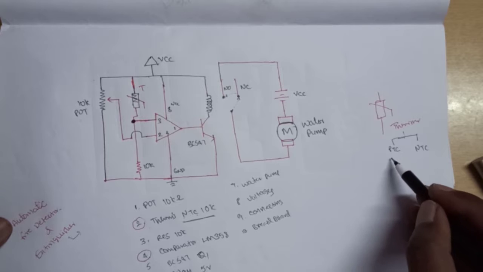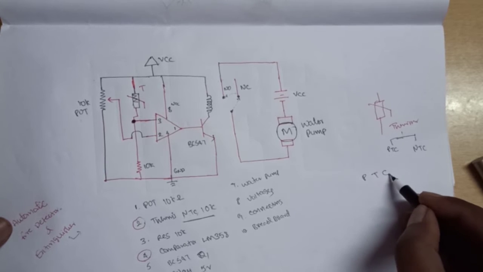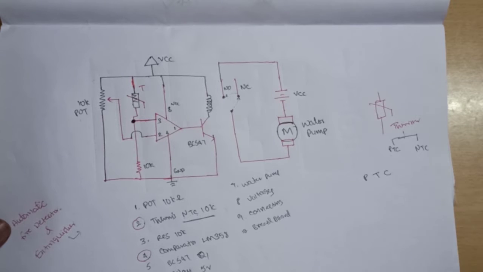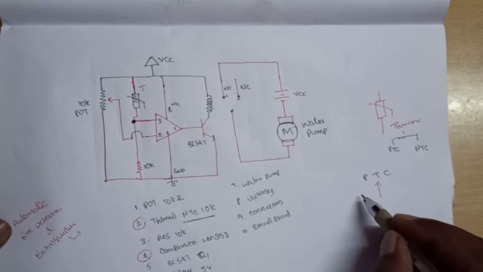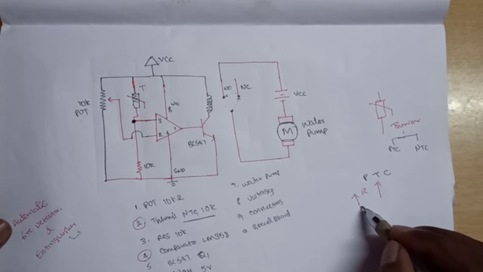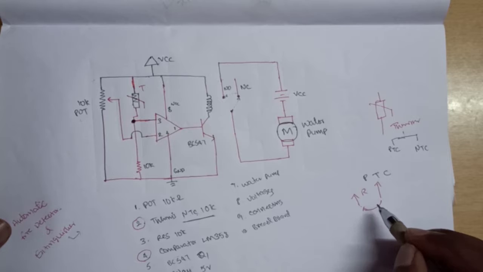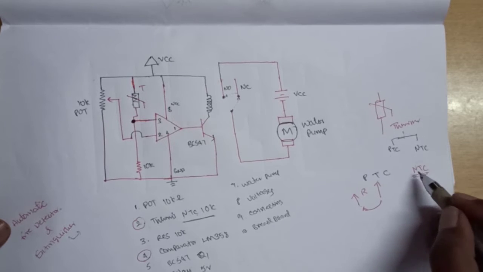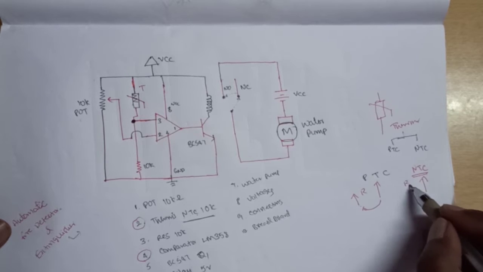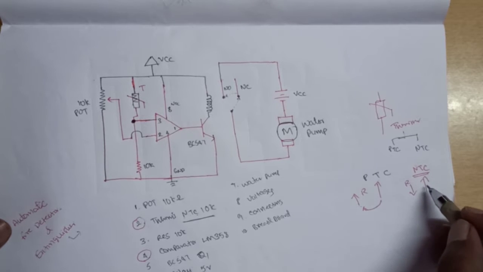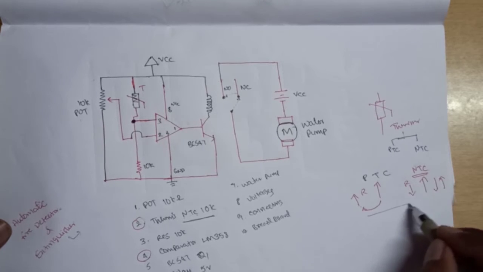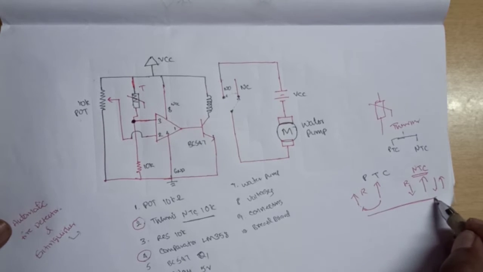PTC means positive temperature coefficient. If temperature increases in PTC, resistance also increases. So resistance is increasing with the temperature. In NTC, negative temperature coefficient, if the temperature increases, resistance will decrease. If the temperature decreases, resistance will increase. So this is the principle of thermistors.